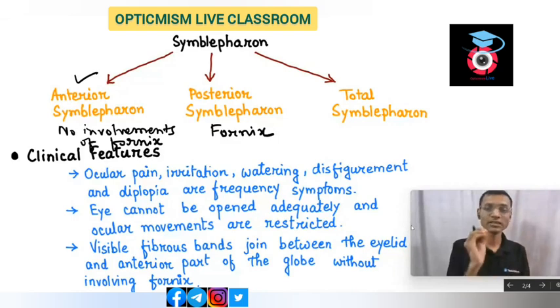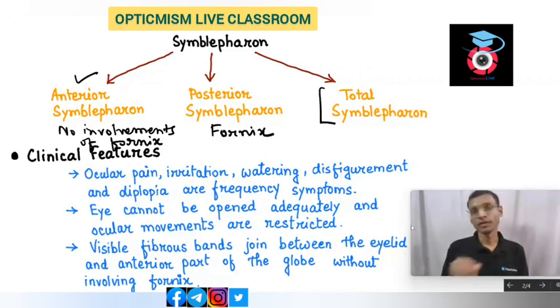But if the fornix is involved, then we cannot pass the probe or glass rod beneath the adhesions between the palpebral conjunctival epithelium and the bulbar conjunctival epithelium. And if there is involvement of the fornix along with the palpebral conjunctiva connected with the bulbar conjunctiva and also with the epithelial part of the cornea, then we categorize this as total symblepharon.